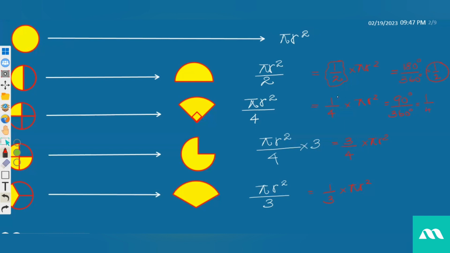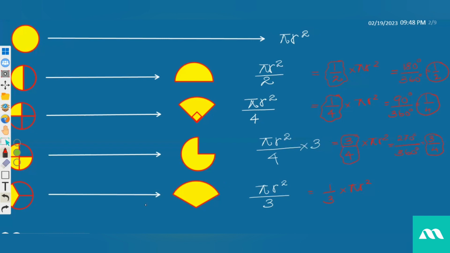That means this fraction is the angle at the center to the angle around the center. Here also it is 270 upon 360, which is equal to 3 upon 4.